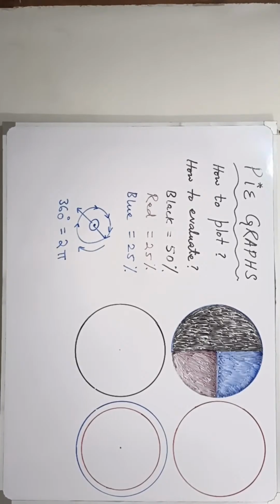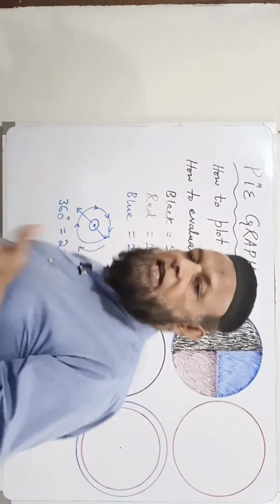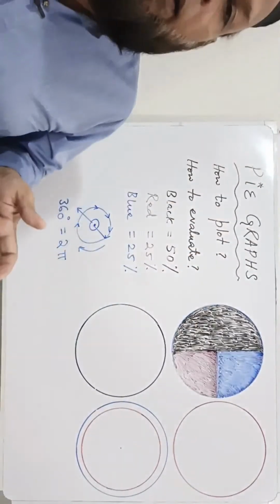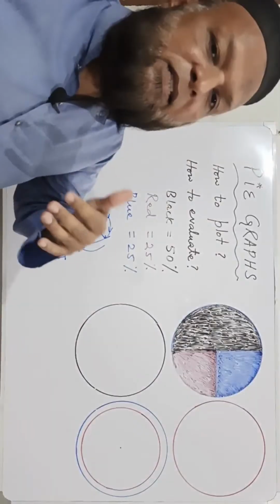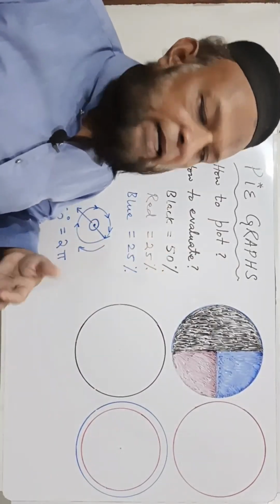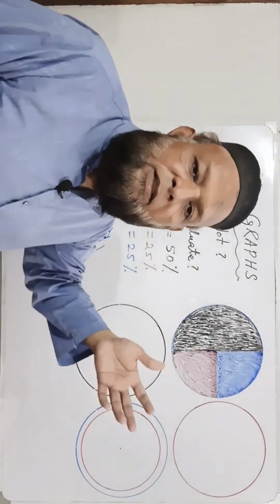Otherwise it is a physics class, but whenever I teach the students, my first priority is to give them thorough knowledge, deep knowledge, each and everything related to the topic. Because the subjects we have bifurcated, this is mathematics, this is stats, this is physics.